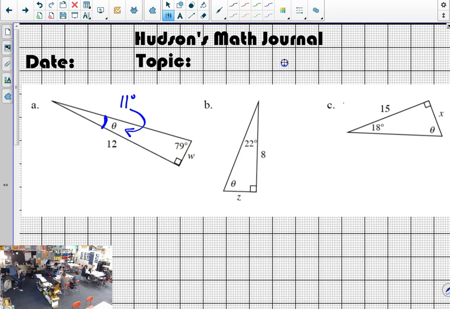We've got two ratios, and I have them up on the TV. The 11 degree ratio is 1 to 5, rise to run. The 79 degree ratio is the flip of that, the reciprocal, 5 over 1. It depends on how you're looking at this. If we say that the rise is our unknown, is our rise going to be 5 times the run, or is our run going to be 5 times the rise?